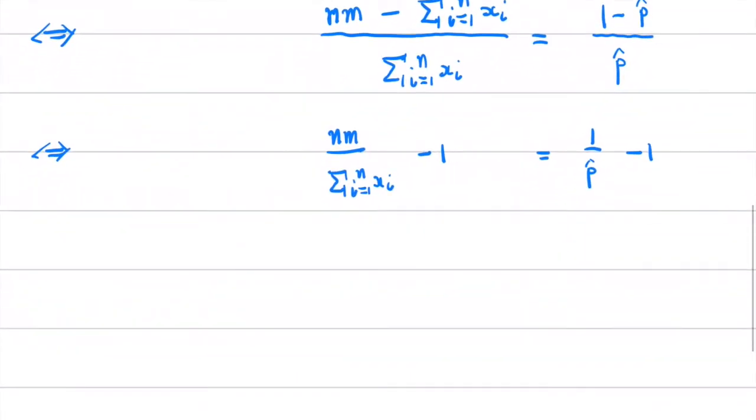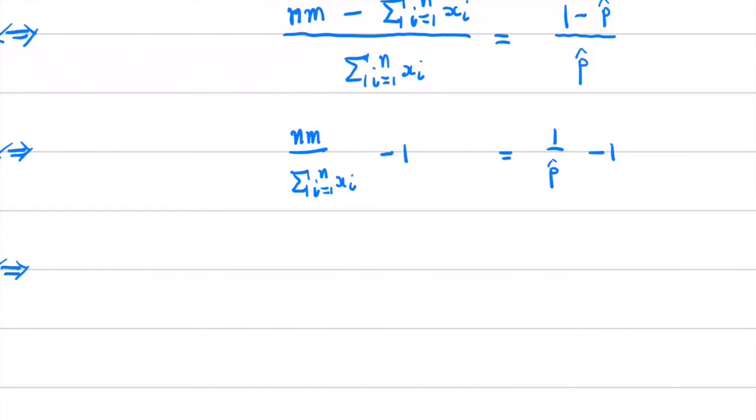And now you're beginning to see we're almost at the point of finding a value of p hat here. You'll notice this minus 1 will cancel away with that minus 1, or they'll take away each other. So 1 over p hat is nm over the sum of xi's. So that means that p hat has to be 1 over nm times the sum of xi's.